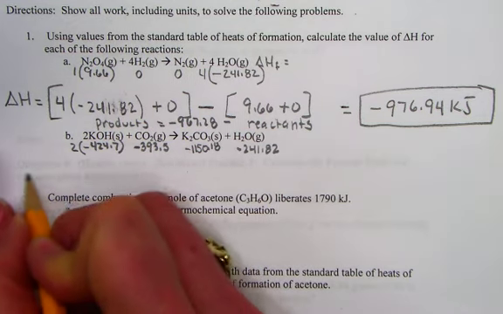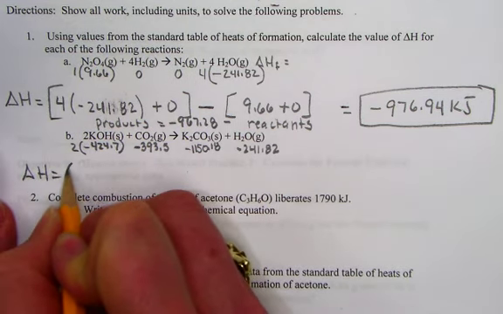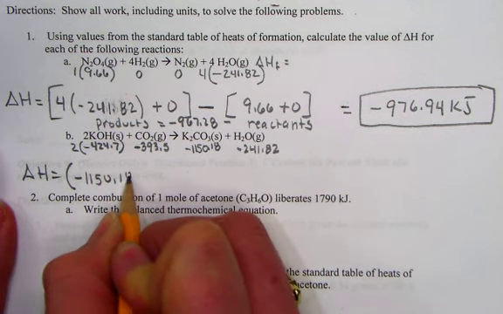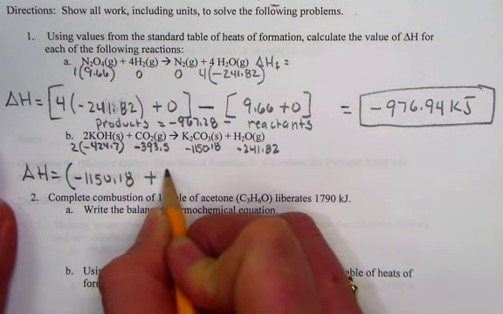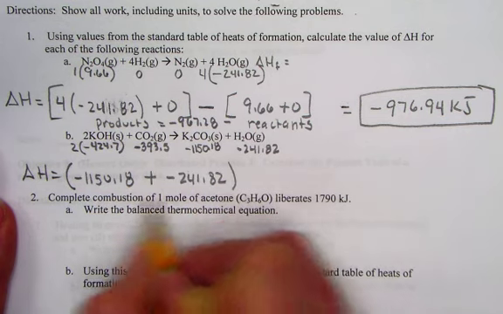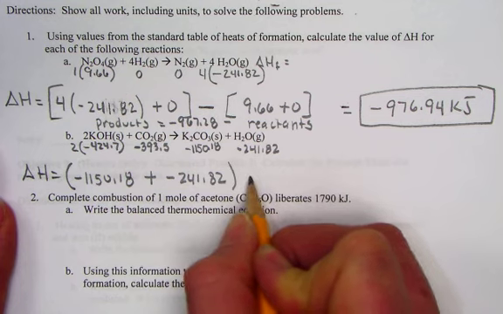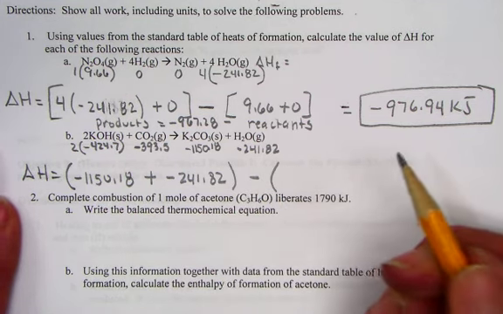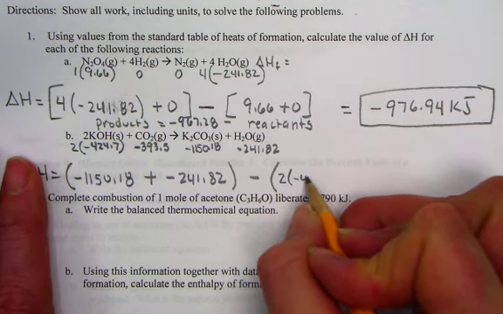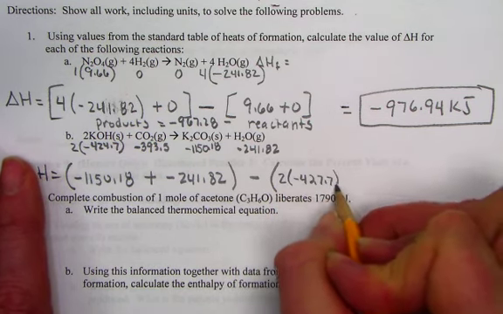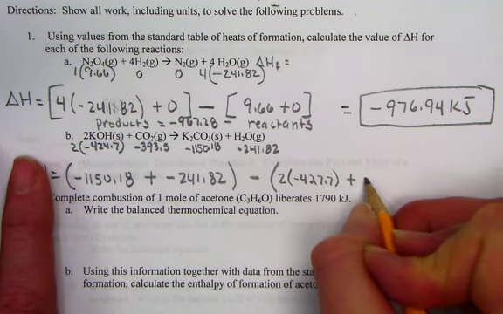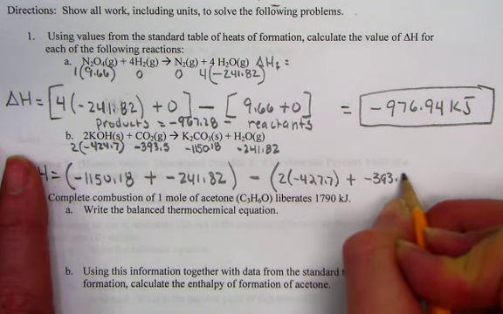Products minus reactants would begin by saying negative 1150.18 plus negative 241.82, the sum of the products, minus the sum of the reactants: 2 times negative 427.7 plus negative 393.5.